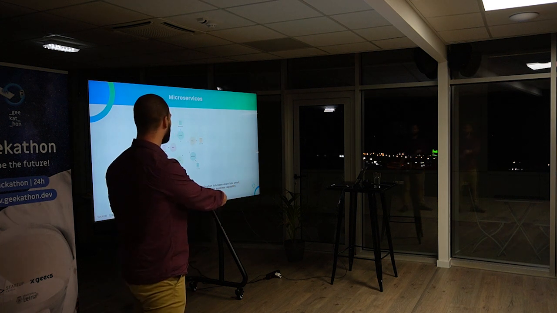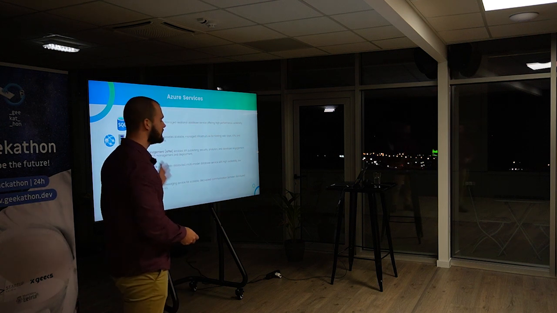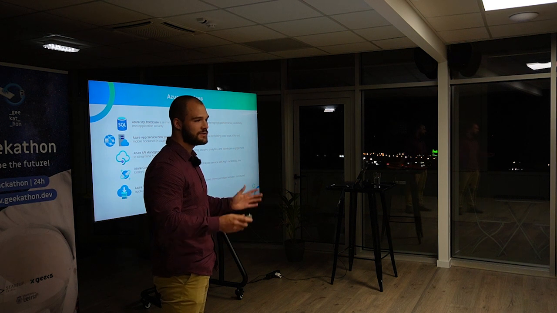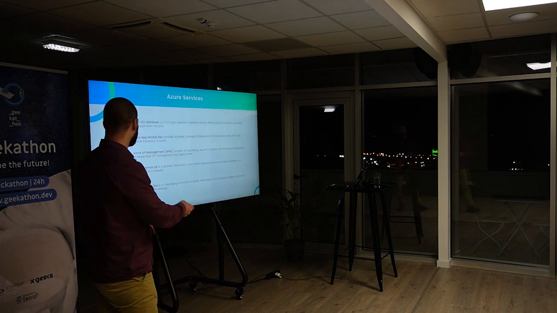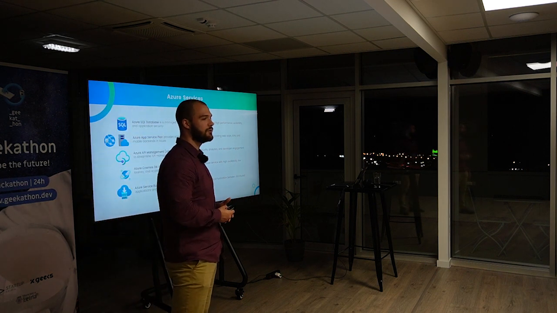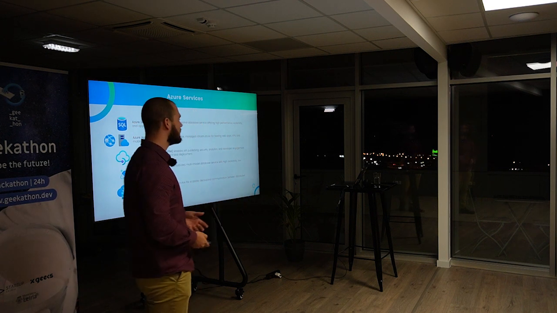Now, just to talk as well about some Azure services that we are using. Azure SQL Databases, it's just an SQL database which is managed for you. Extremely simple to understand as well. Azure App Service Plans is how we basically host our APIs. Okay, it's basically a managed service to host APIs.